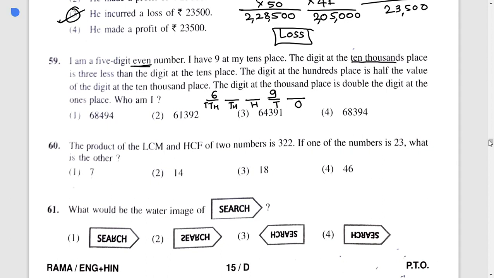The digit at the hundreds place is half the value of the digit at the 10,000s place, so half means 3. The digit at the thousands place is double that of the ones place. So whatever the ones place is, it is multiplied by 2 here, double.